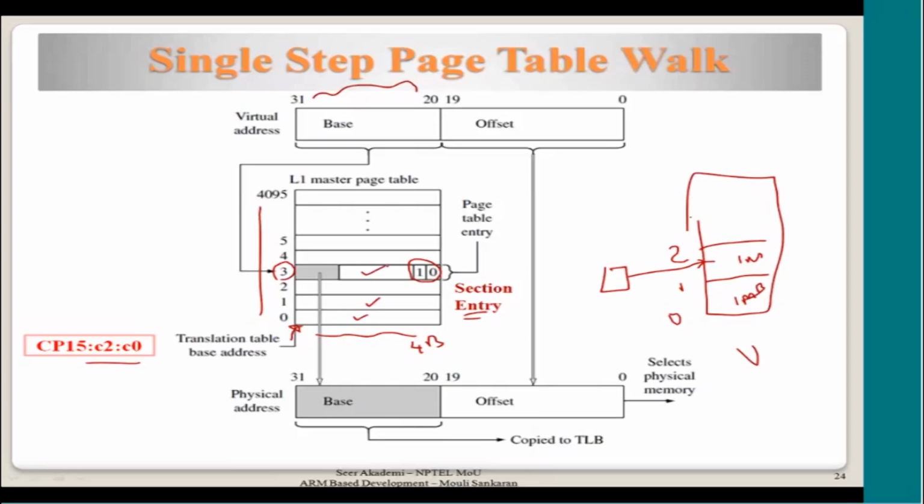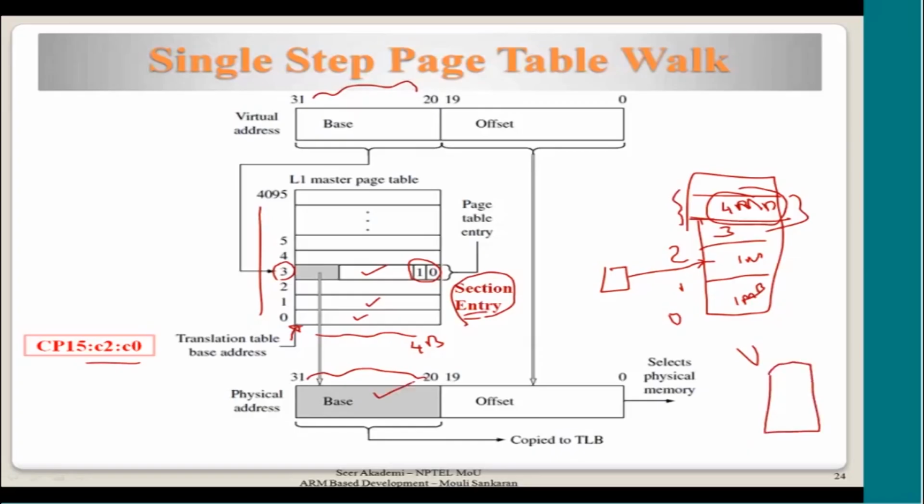So this entry is shown, so that means the fourth 1 MB, that is 0 to 3, starting from this space, 4 MB. This space is a section entry. So this address will say which part of the physical address the 3 to 4 MB space is mapped to.